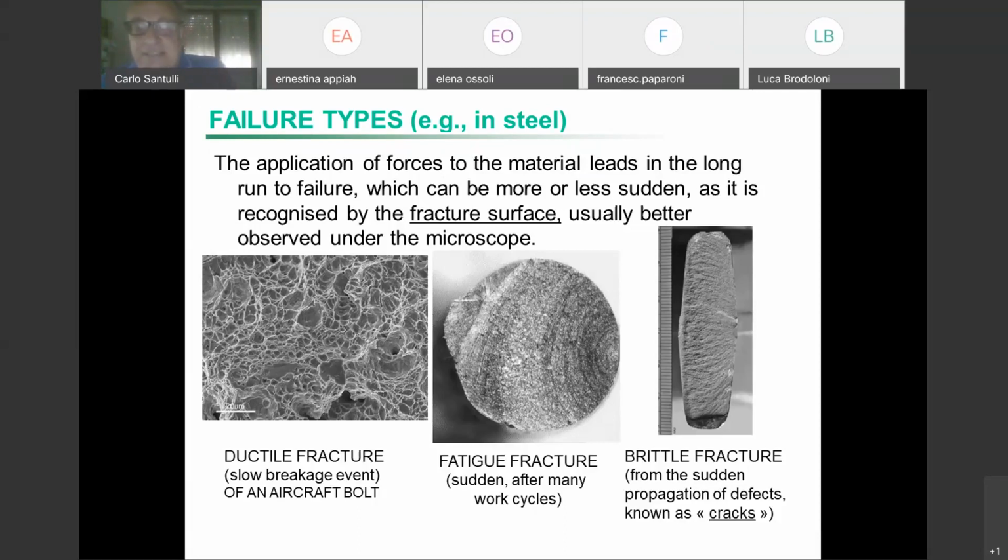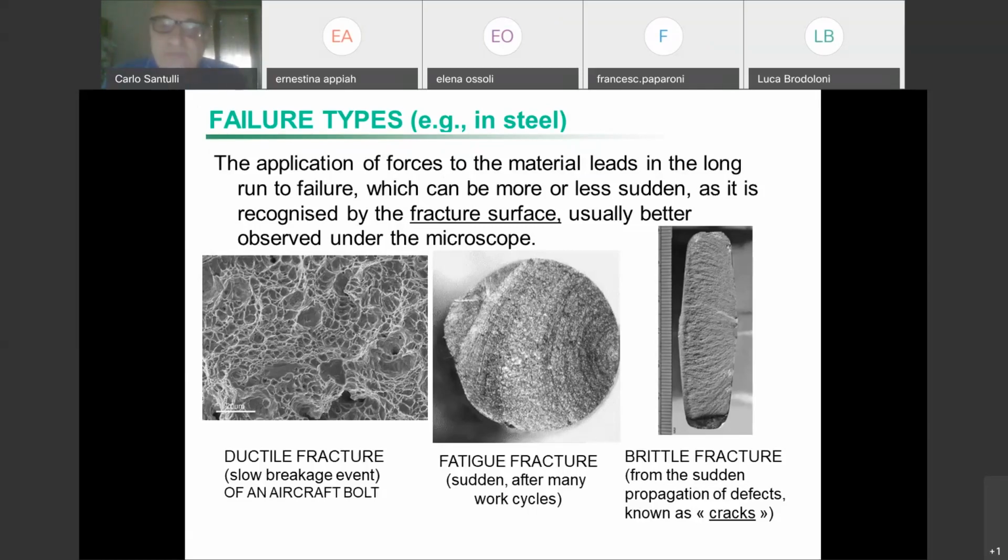In other cases, an important phenomenon which is studied a lot in engineering is fatigue. Fatigue means that you subject the material to a number of cycles. What do we mean by cycles? Cycles means the times the material is loaded and unloaded.